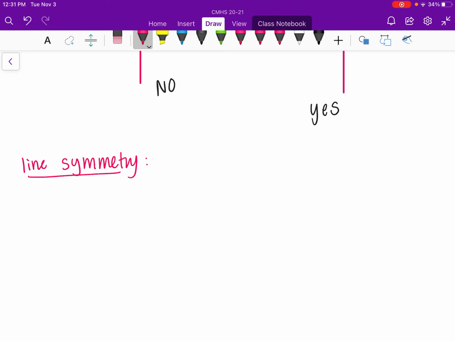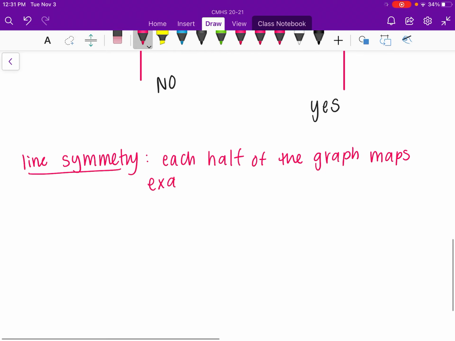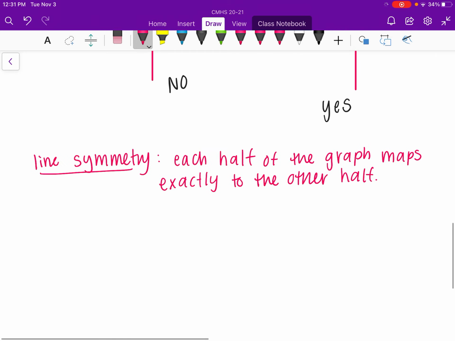So for line symmetry, basically each half of the graph maps exactly to the other half. This is the symmetry we've always known.